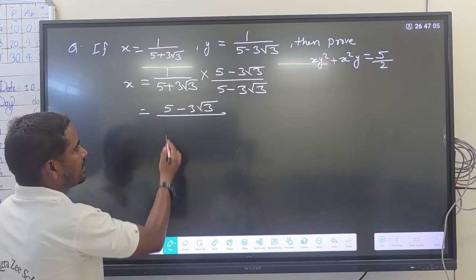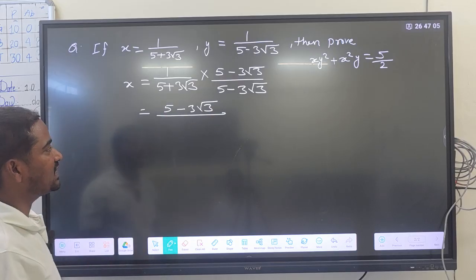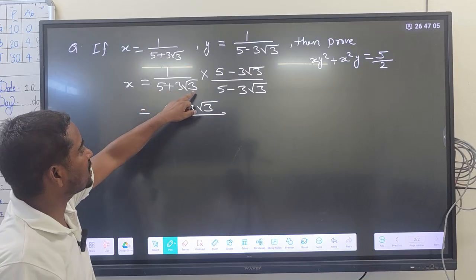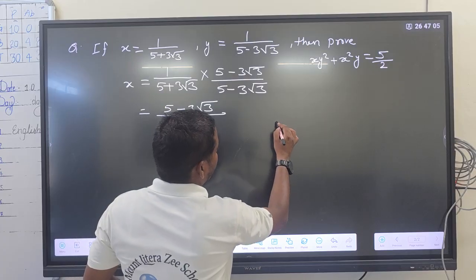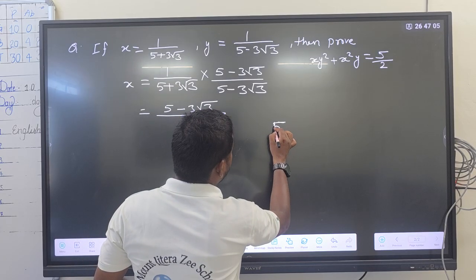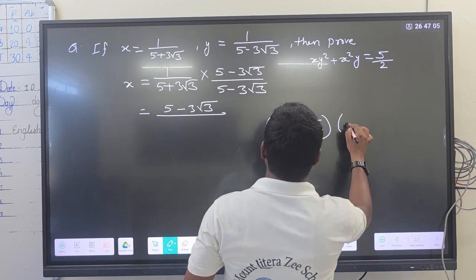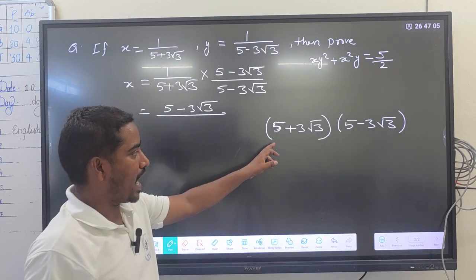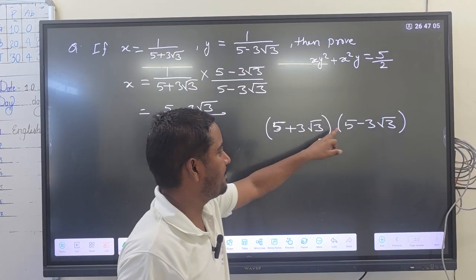So at the numerator we will have 5 minus 3 root 3, and at the denominator, see it carefully, students, we have 5 plus 3 root 3 multiplied by 5 minus 3 root 3. Here I would like to explain in detail: in both expressions we have the value of A as same and B as same.